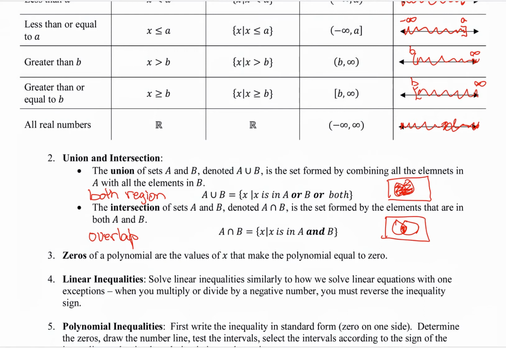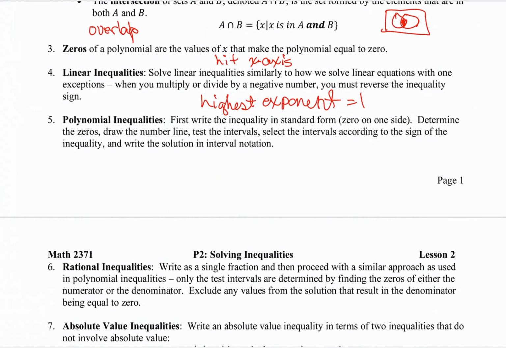Zeros of a polynomial are where they equal 0. This is where they hit the x-axis. All right? Linear inequalities are inequalities where the highest exponent is 1. And we can also have polynomial inequalities where we have exponents that are higher than 1.